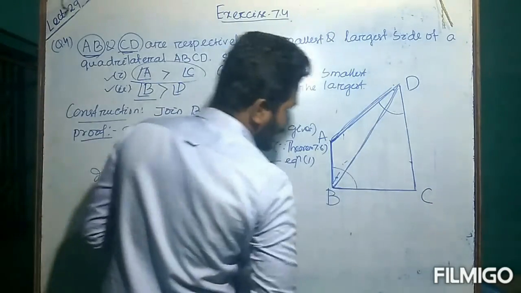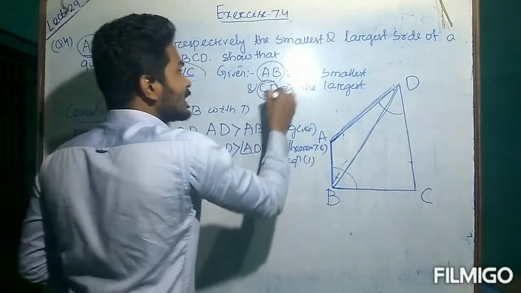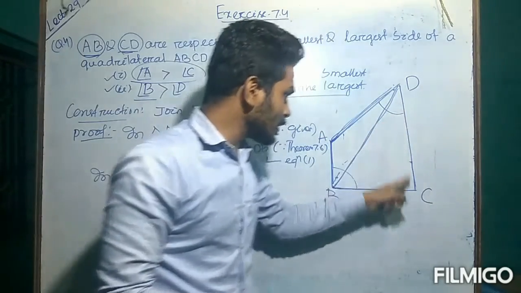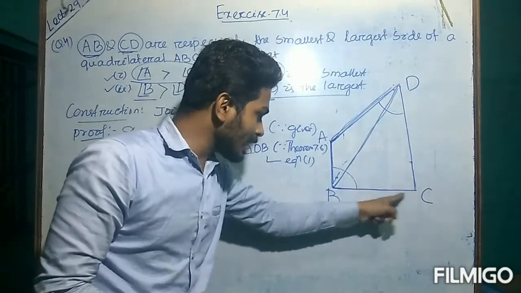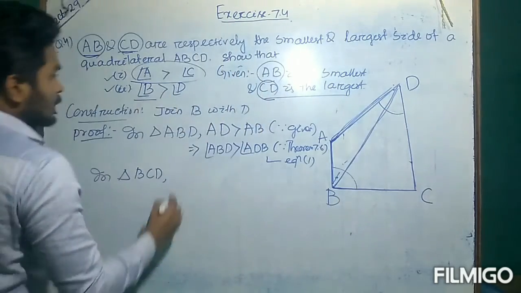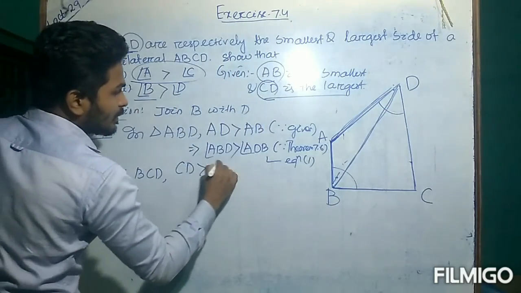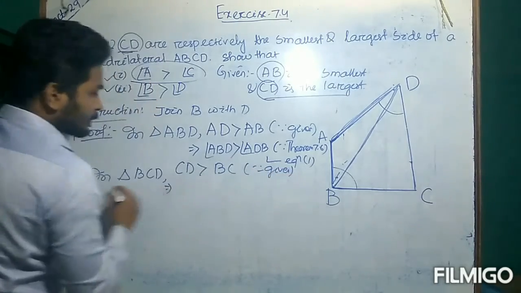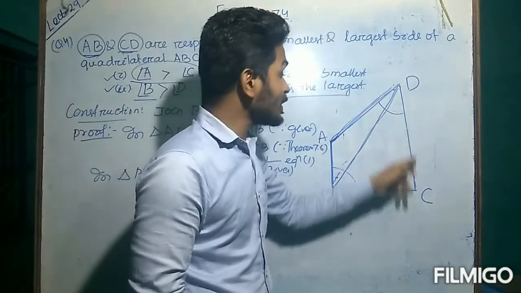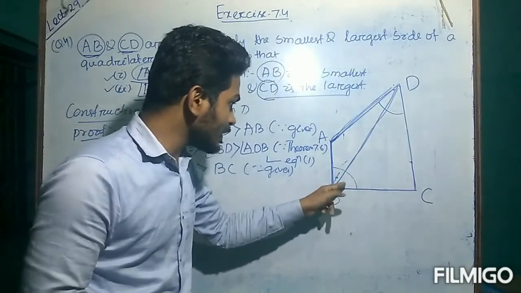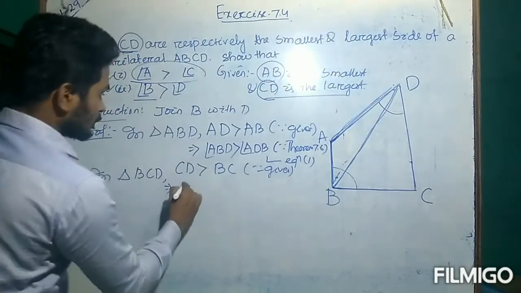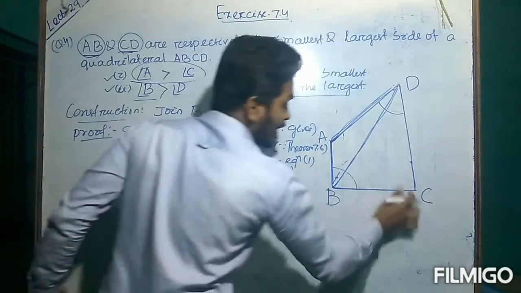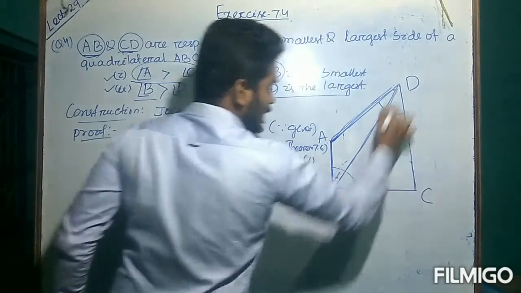Definitely CD, because it is given CD is the largest among the 4. So it must be greater than this side. So CD is greater than BC. It is given. Now, the opposite angle of CD is this angle CBD, and the opposite angle of side BC is this angle CDB.